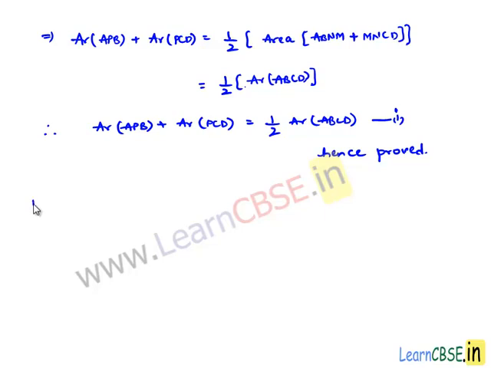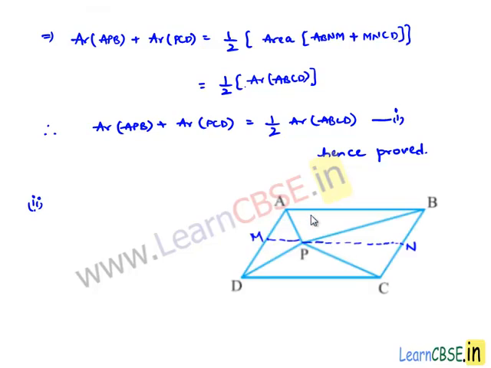Now, let us prove the second one. Consider the given figure. Here, let us draw a line XY passing through P such that XY is parallel to AD. As XY is parallel to AD, it will also be parallel to BC since in a parallelogram opposite sides are parallel.